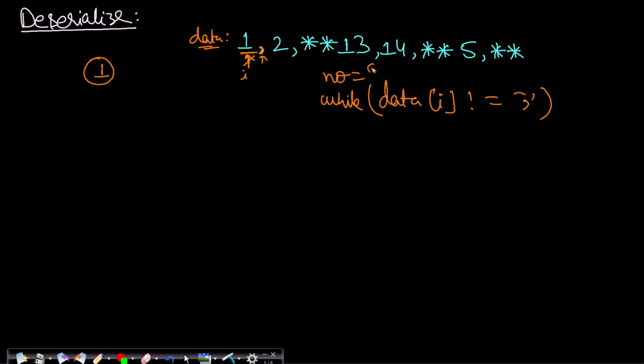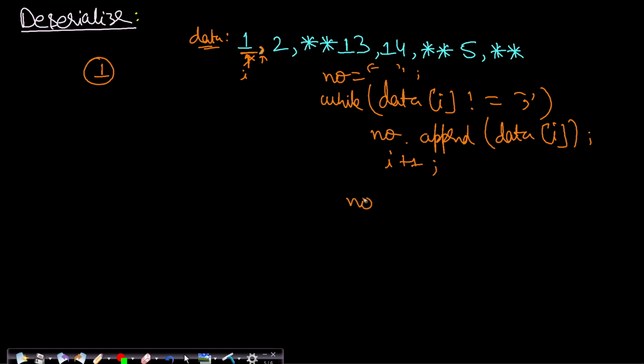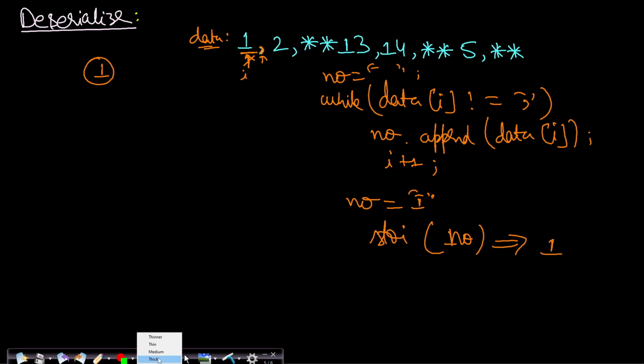If I had a string called number, which is an empty string, I can write number dot append or number dot pushback data at I, and this will keep on adding all the digits one by one to the number string, and I will do I++. So after that, my number will be having string 1, and I can use the string to integer function on the given number to get the integer output as 1. Okay. This is also one way to solve it.